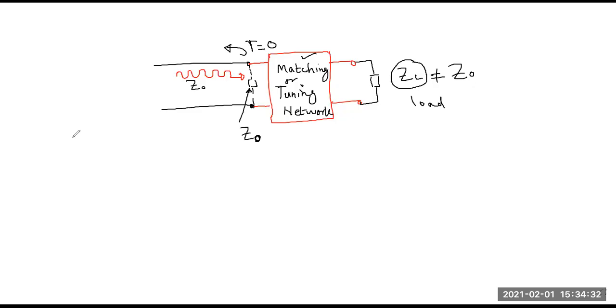Now I was talking about whether, whenever you have this situation, you can always design a matching circuit to get this behavior. No, it is not possible. It means we can always design a matching or tuning circuit only under a certain condition. And what is that condition? Let me write it down.